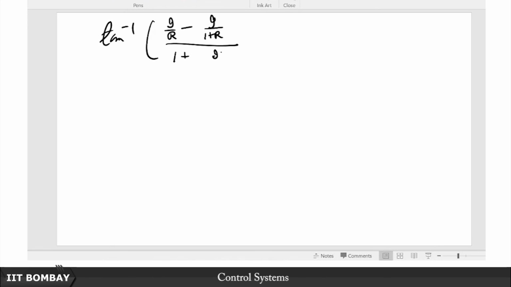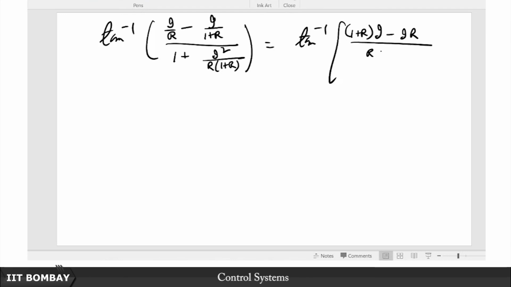So that is I by R minus I by 1 plus R, upon 1 plus I squared upon R into 1 plus R. So this is tan inverse of 1 plus R times I minus IR upon R into 1 plus R, divided by R into 1 plus R plus I squared upon R into 1 plus R.